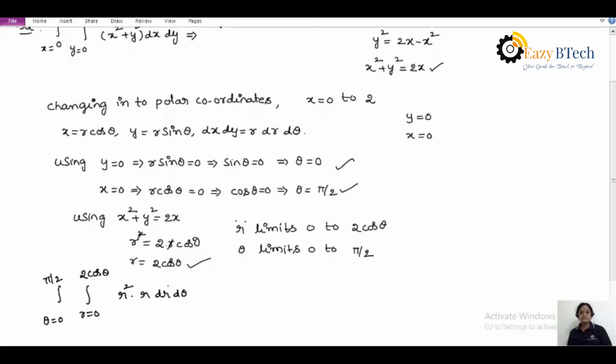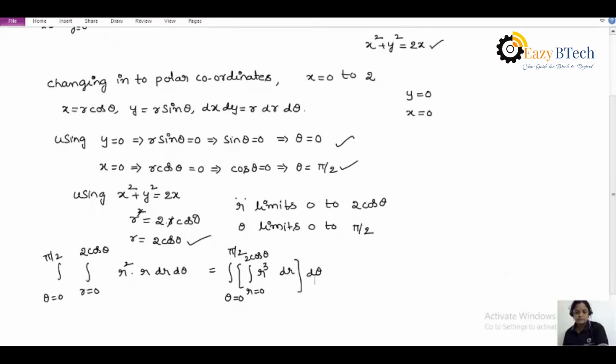So at first doing integration with respect to r, students, because r limits are in terms of theta here. Then integral theta is equal to 0 to pi by 2, r cubed, and integral r is equal to 0 to 2 cos theta, r cubed dr is the first integration, and the second integration is with respect to theta here.